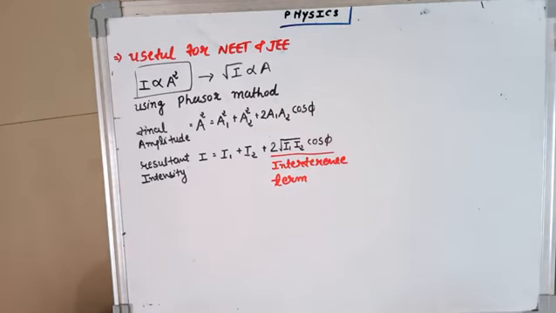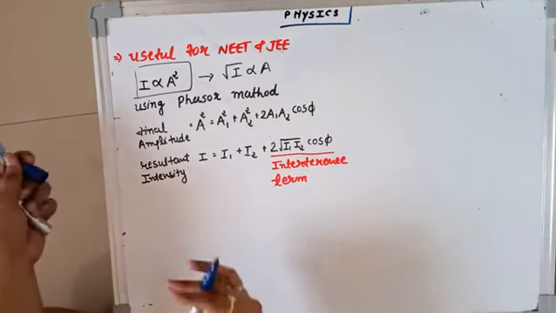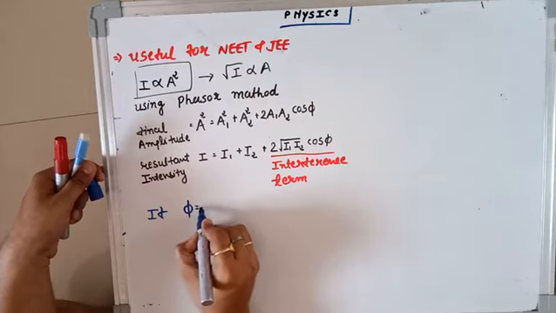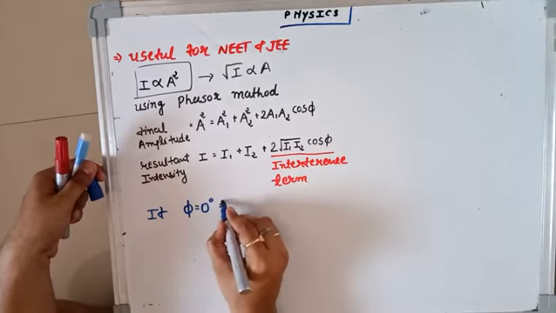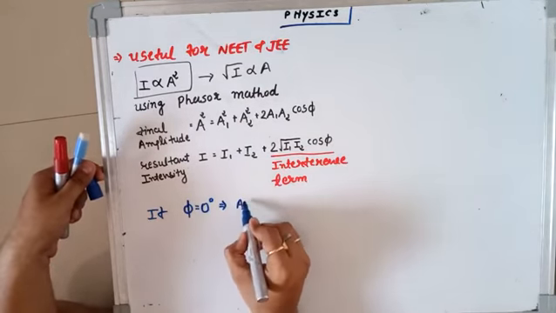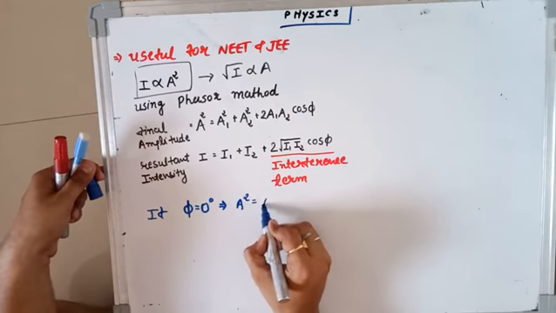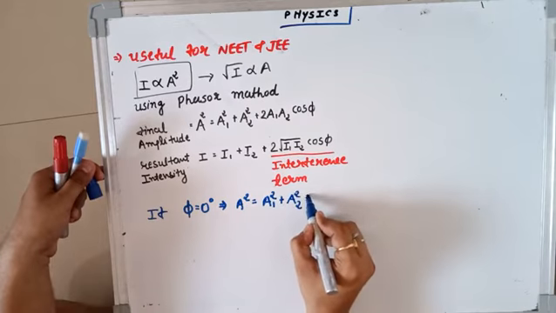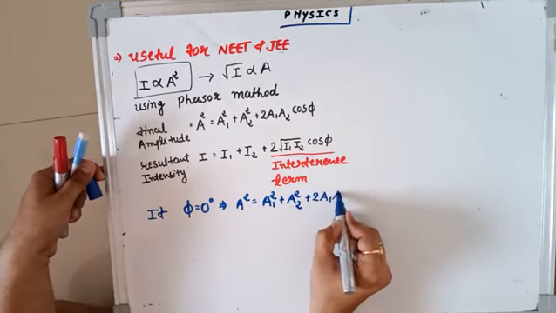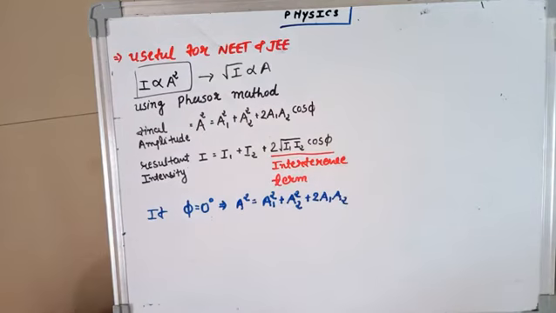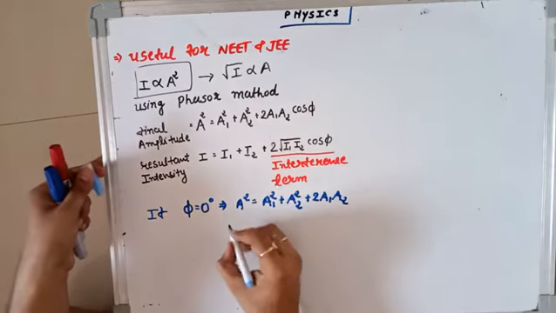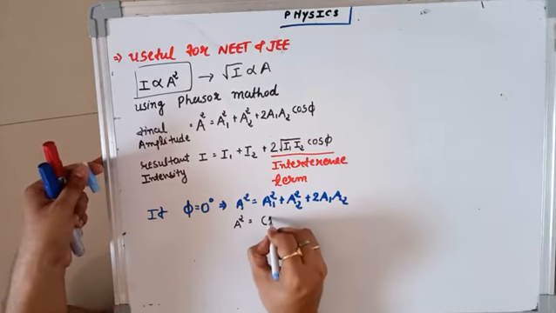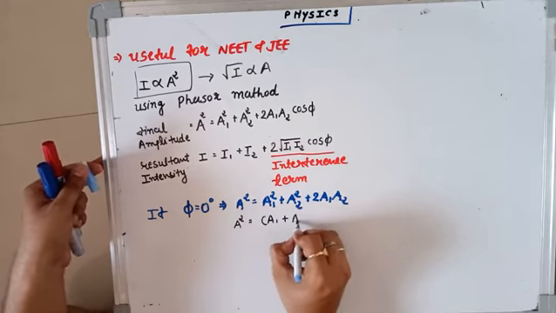So using this equation, if phi is equal to 0, A square is equal to A1 square plus A2 square plus 2 A1 A2. According to this we can write A square is equal to A1 plus A2 whole square.